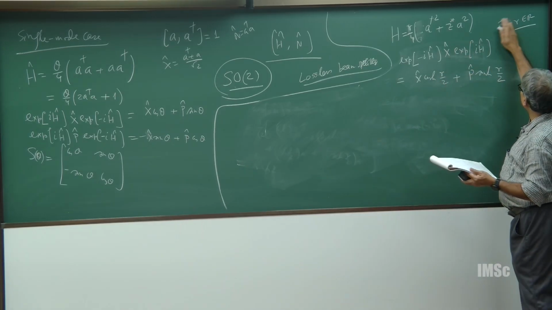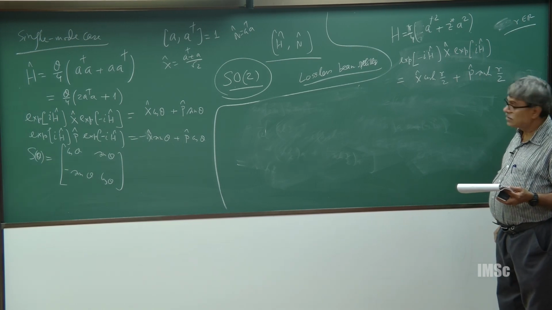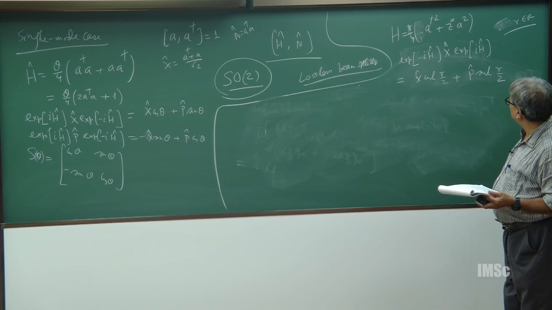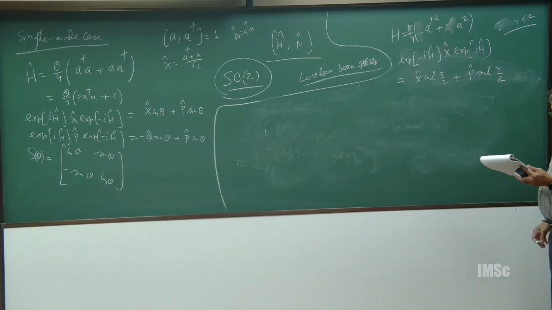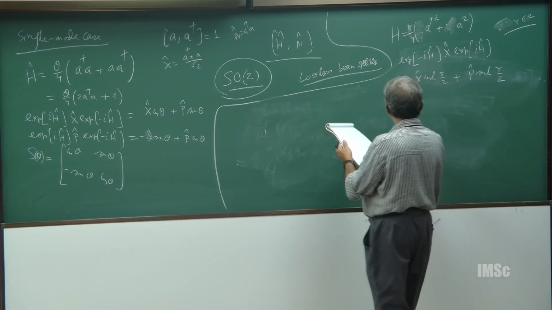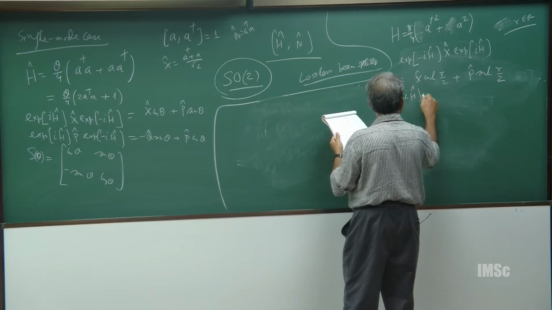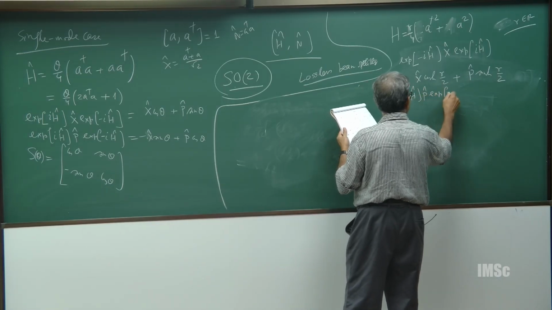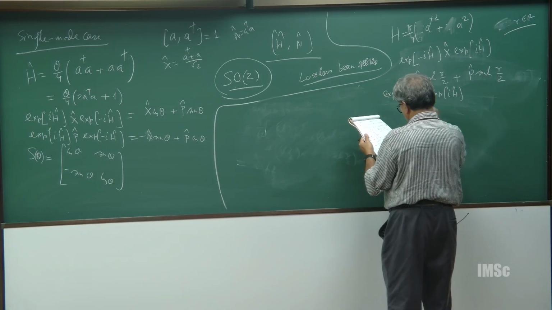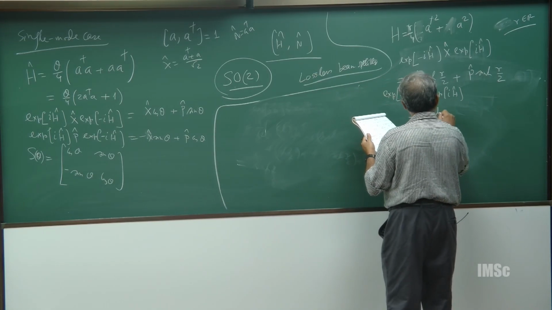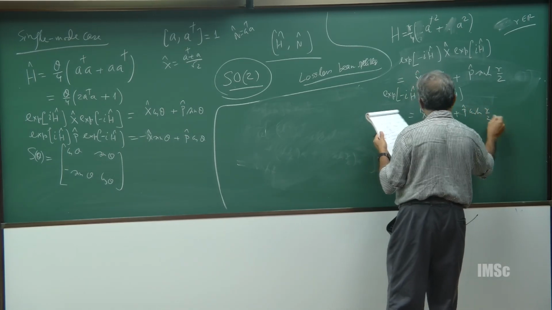So r is real here. And similarly, the exponential of minus iota h, p, the exponential of plus iota h, should be equal to x sin hyperbolic r by 2 plus p cos hyperbolic r by 2.